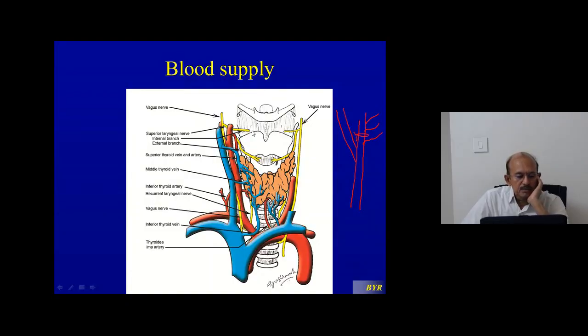What is the motor supply? To which muscles does it supply? Internal laryngeal nerve supplies which muscles? I repeat the question again. Internal laryngeal nerve, branch from the superior laryngeal nerve, supplies which muscles?